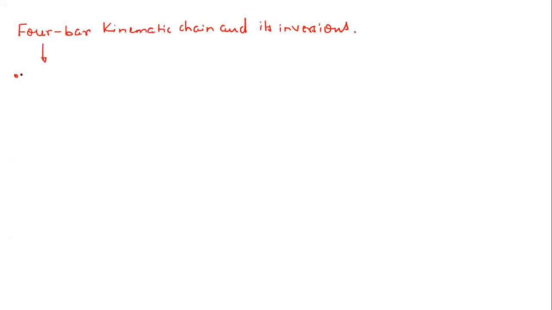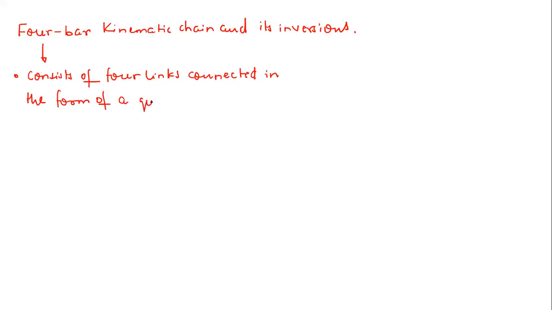In very simple words, you can say a 4-bar kinematic chain consists of 4 links. Many times I have mentioned this term, right? A 4-bar kinematic chain is nothing but a chain which consists of 4 links connected in the form of a quadrilateral by revolute joints.